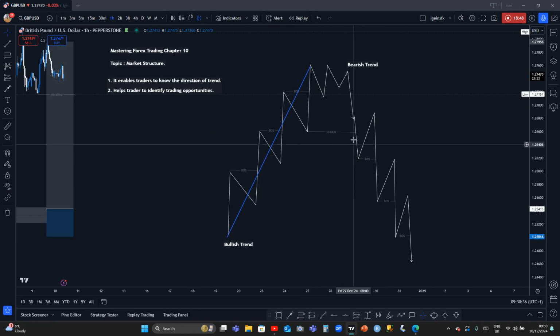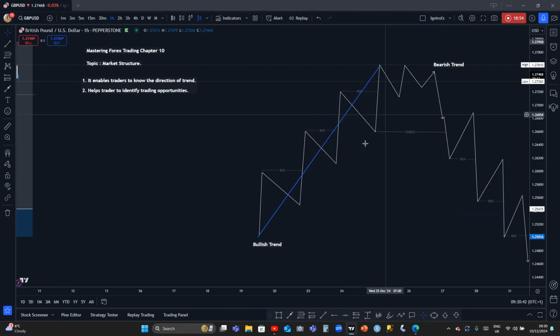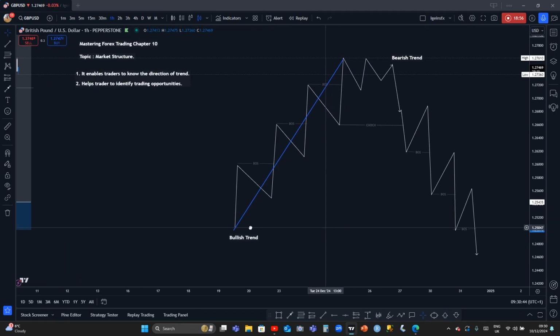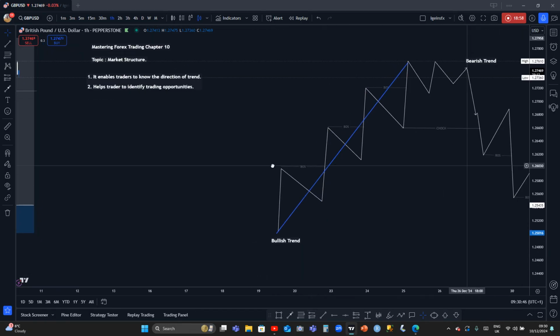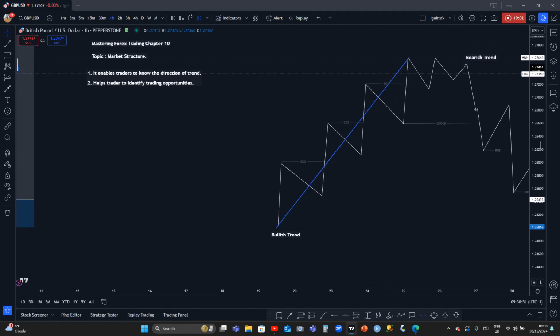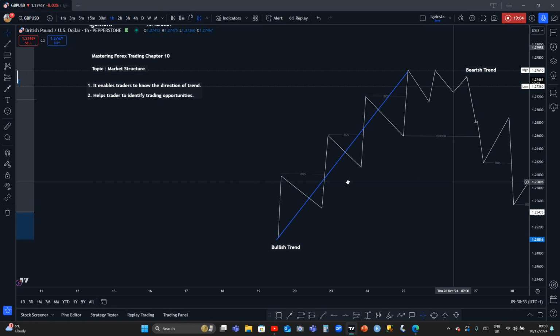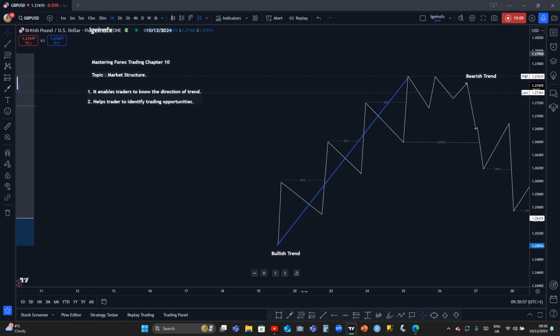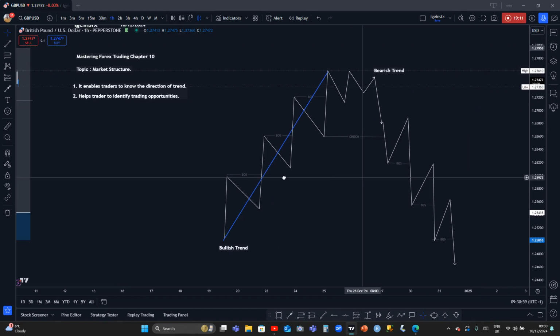You must read this, understand it, so that by the time you open your chart, you should be able to say, okay, this is the direction of trend. All right. So, guys, I think at this point you should know what market structure is all about.